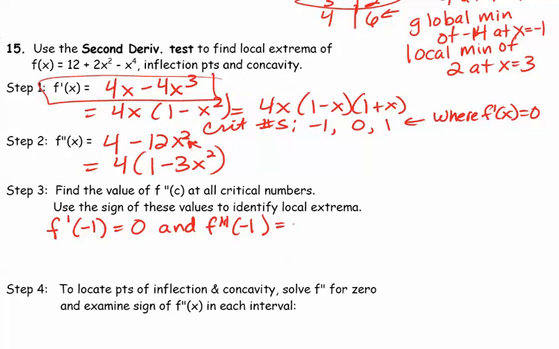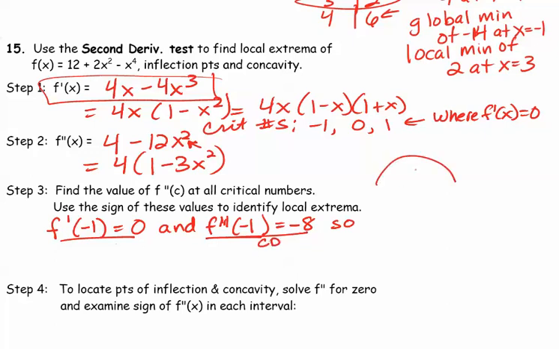So we would have -8, and we want to identify local extrema. So remember what this means. We have a horizontal tangent, and when the second derivative is negative, that means that it is concave down.